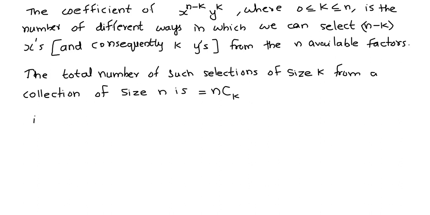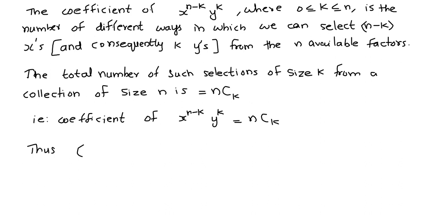But that is the coefficient of x raised to n minus k y raised to k, which is equal to nCk. Thus, x plus y the whole raised to n is equal to sigma nCk x raised to n minus k y raised to k, where k varies from 0 to n. This is the proof of the binomial theorem.